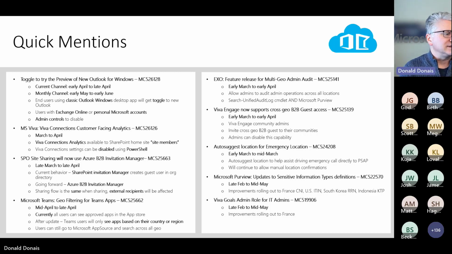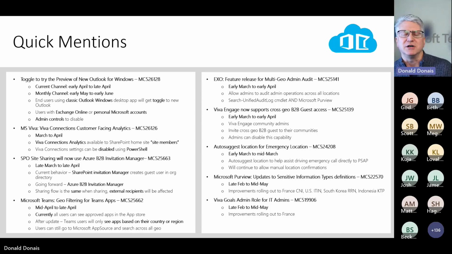Another one I thought was interesting, this geo-filtering for Teams apps. Right now, if you push out an app for Microsoft Teams, it goes out to everybody. If it's in the approved app store, it's out. Now, by default, automatically, if an app is set up in the app store for a particular region, then you will only see those apps that are set up for that particular region or country.